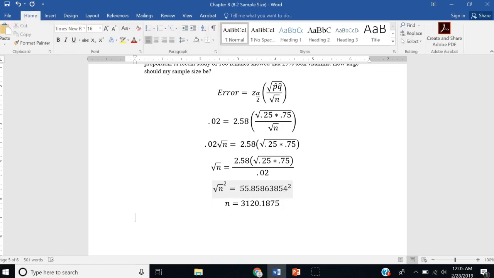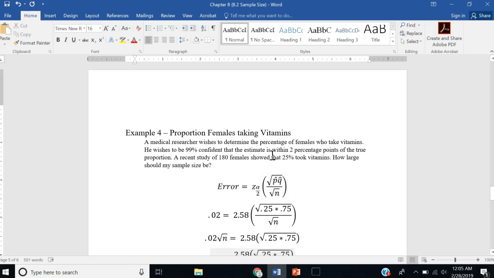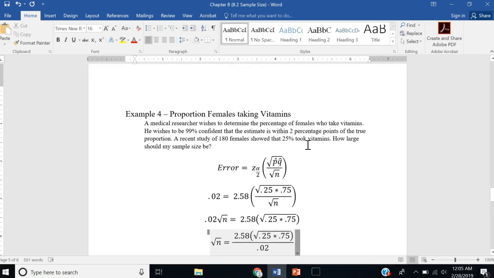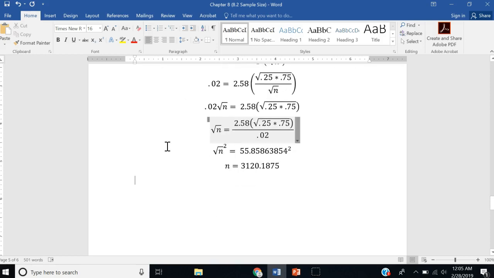That means in order for me to find out the percentage of females who took vitamins and be within 2 percentage points of the actual proportion that I want, I'm going to have to sample 3,121 females.